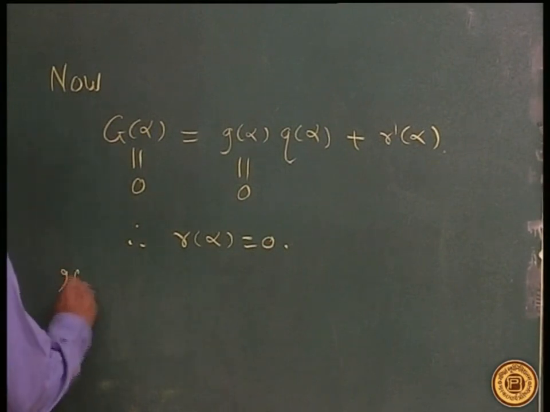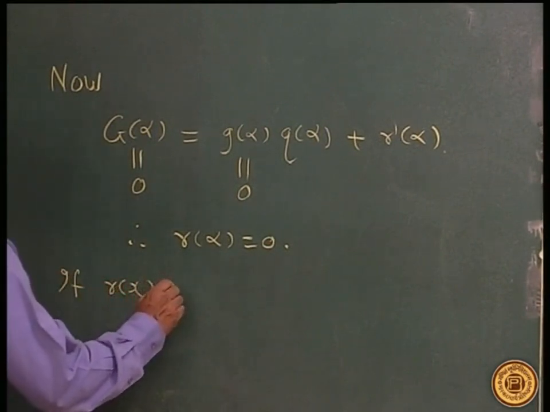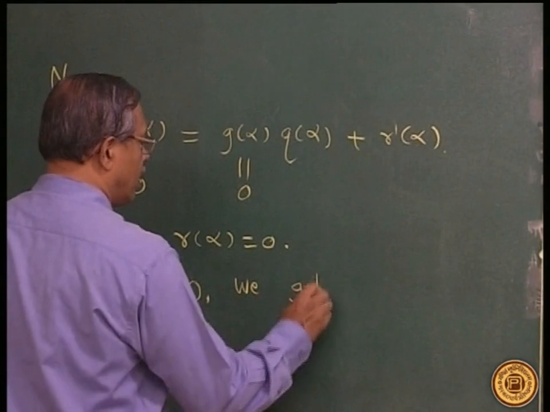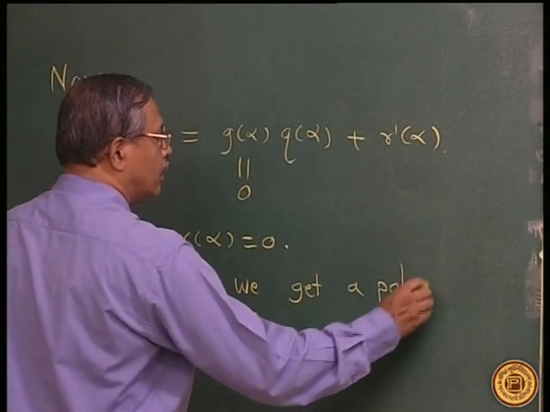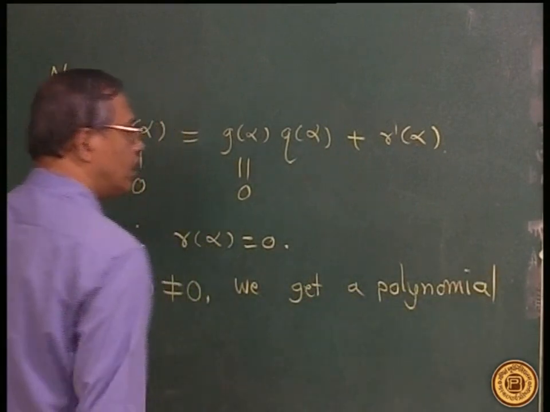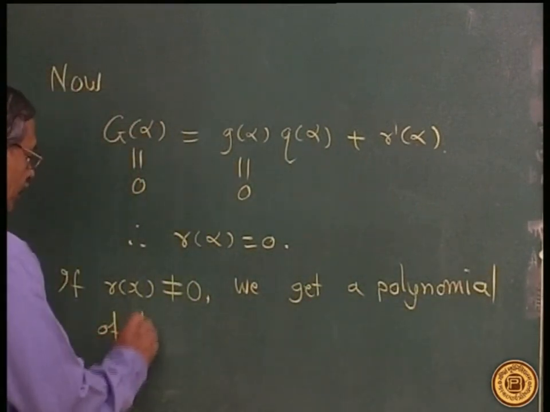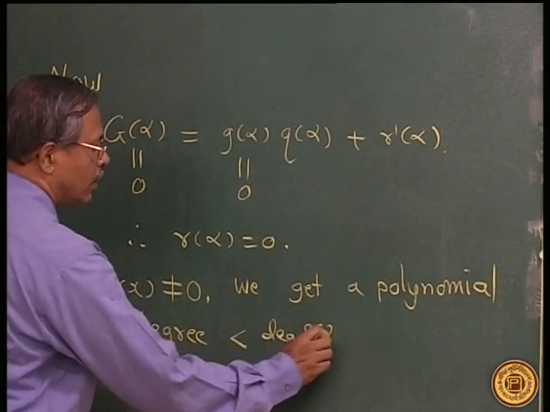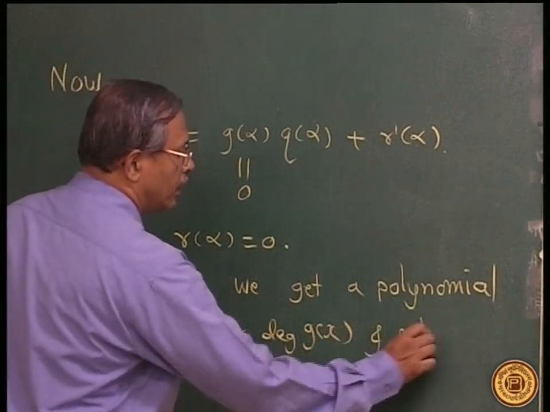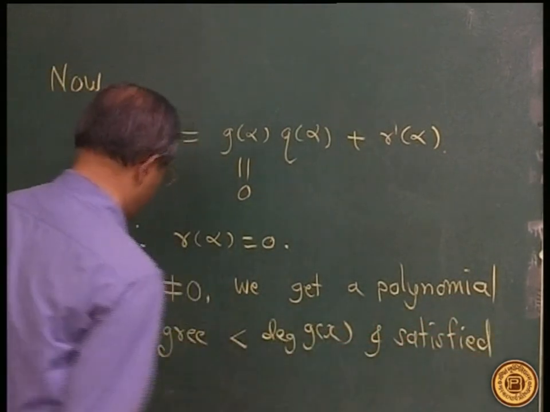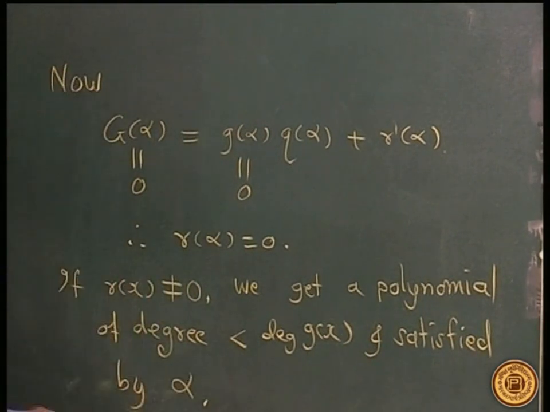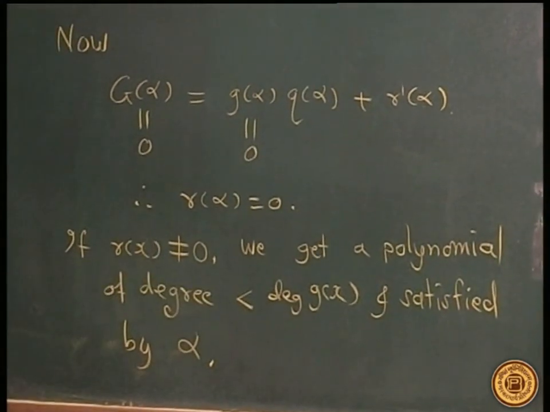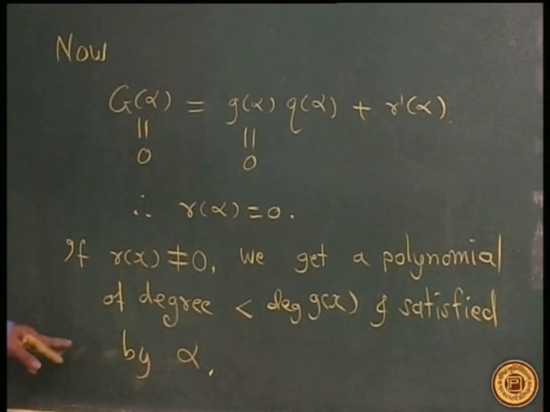If r(x) is not equal to 0, we get a polynomial of degree less than degree of g(x) and satisfied by alpha. r(x) itself is a polynomial of degree smaller than degree of g(x) and it is satisfied by alpha.